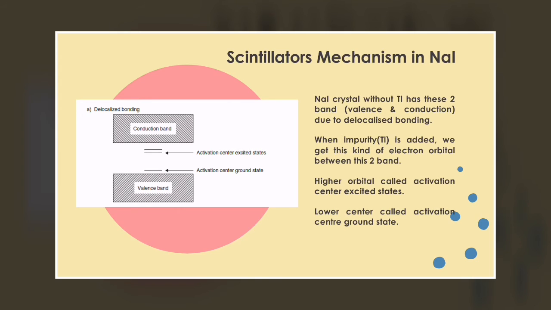A sodium iodide crystal without thallium has two bands, the valence band and the conduction band, due to delocalized bonding. When you add this impurity, you get electron orbitals between these two bands: a higher orbital called the activation center excited state, and a lower one called the activation center ground state. The electron orbitals produced between these two bands are called the activation centers.